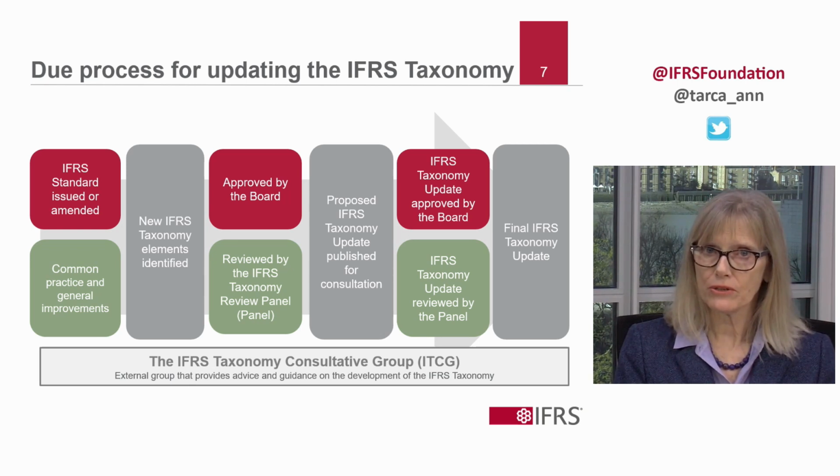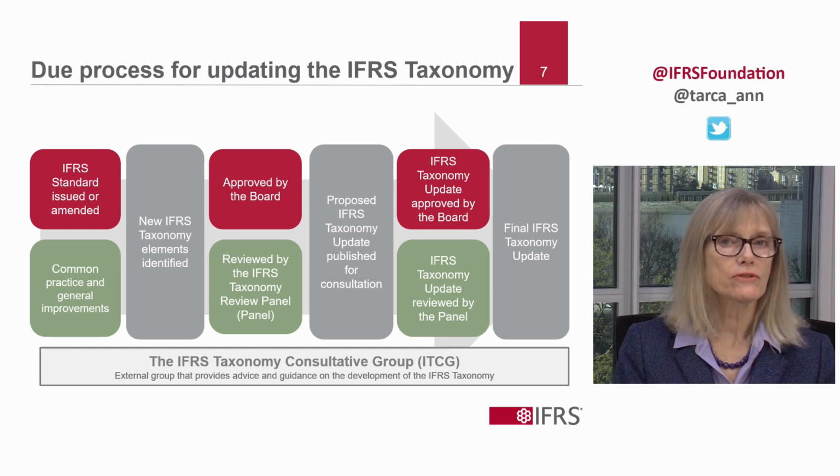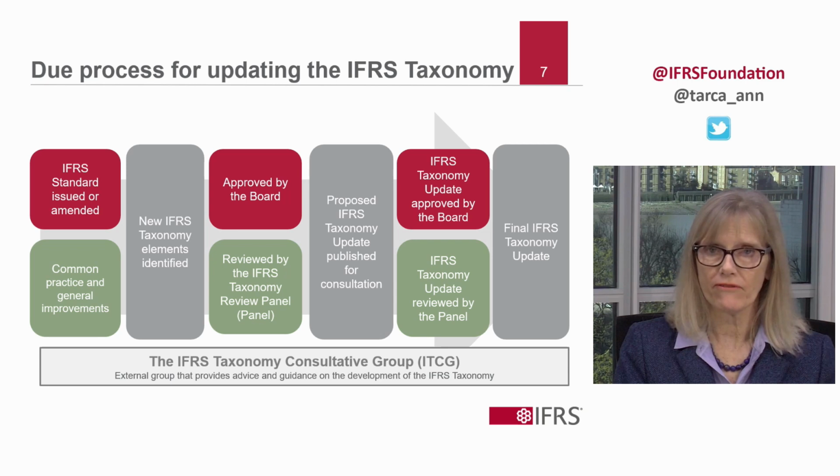For taxonomy content arising from new or amended IFRS standards, the board approves the content changes. For the common practice and general improvement projects, the content changes are reviewed by the IFRS Taxonomy Review Panel. This panel consists of 3 to 5 board members. Any changes to the IFRS Taxonomy, whether they arise from changes to the standards, common reporting practice, or identified general improvements, are subject to public consultation before they are finalised.